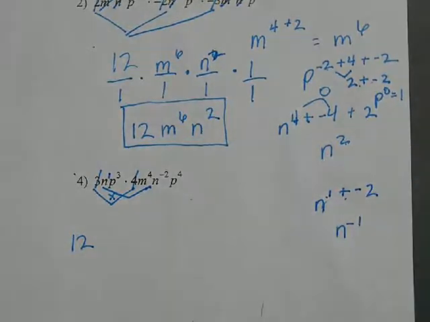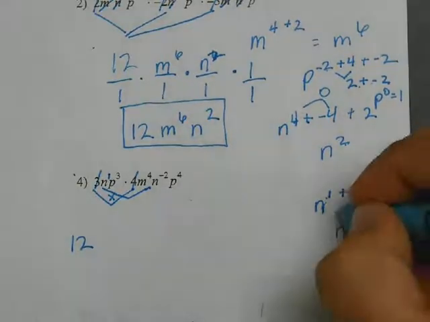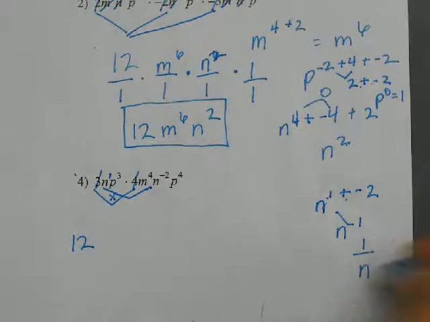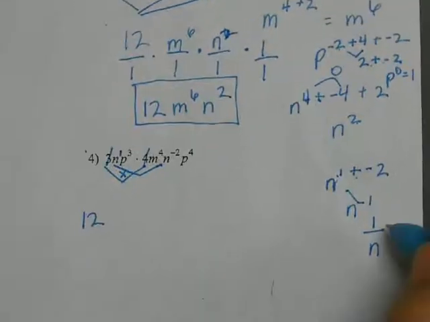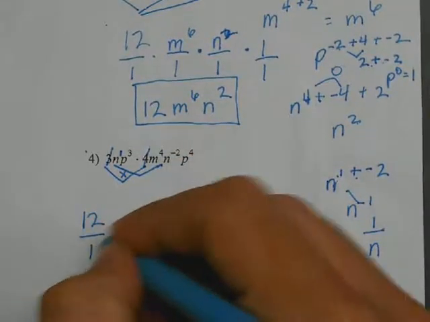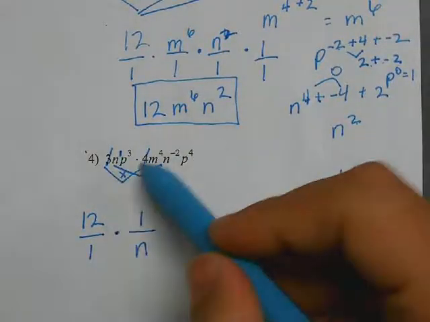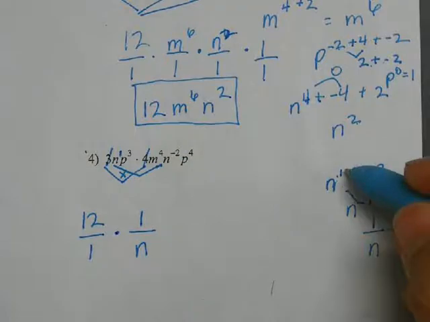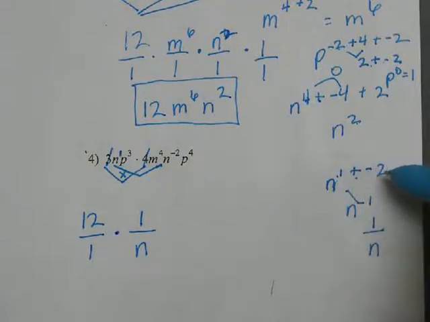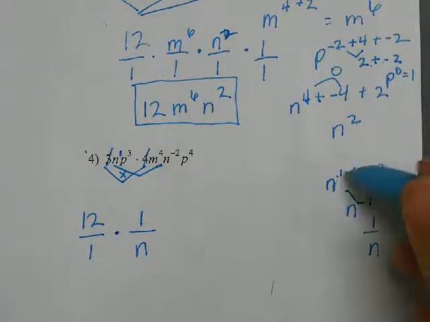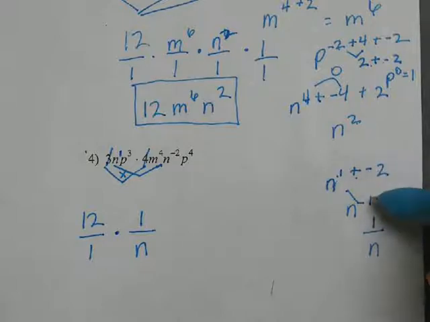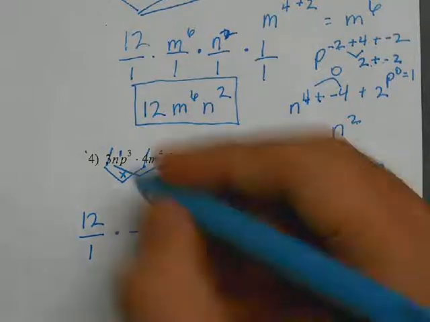We don't want a negative as an answer, so we kick out the negative, and whatever we have left, we put it under 1. So 1 over n. Now I'm going to multiply that times the 12, so I'm going to put the 12 as a fraction. So 12 over 1 times 1 over n. Because n to the 1st times n to the -2nd is 1 plus -2, which gives us -1, because 1 moved to the left 2 times will give us -1. Kick out the -1: 1 over n. So now I'm done with my n's.